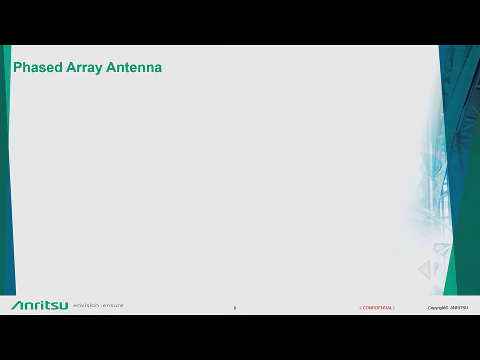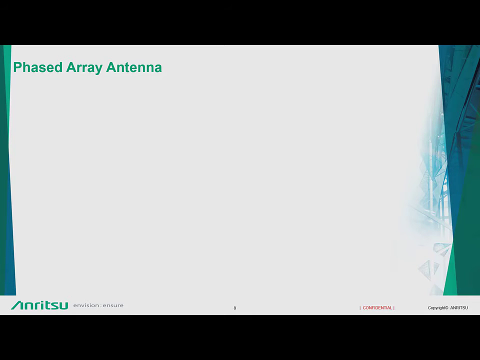But as time has progressed, the beam steering has gone the electronic way. And that is what also happens now in the 5G communication system, in which the beam forming happens by a phased array antenna. Now the same concept also applies for radars.